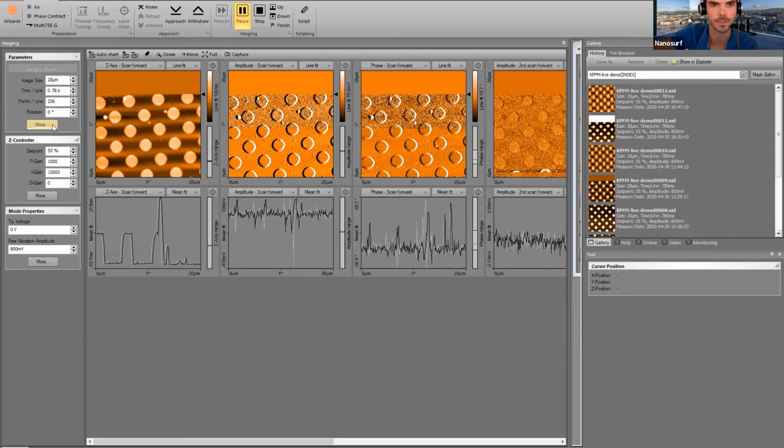Here's another. Can you very basically describe the difference between EFM and KPFM? Yes, so what you do with EFM is that you work at the resonance frequency of the cantilever, and it's very similar to MFM, which is the subject of our next live web demo next week.